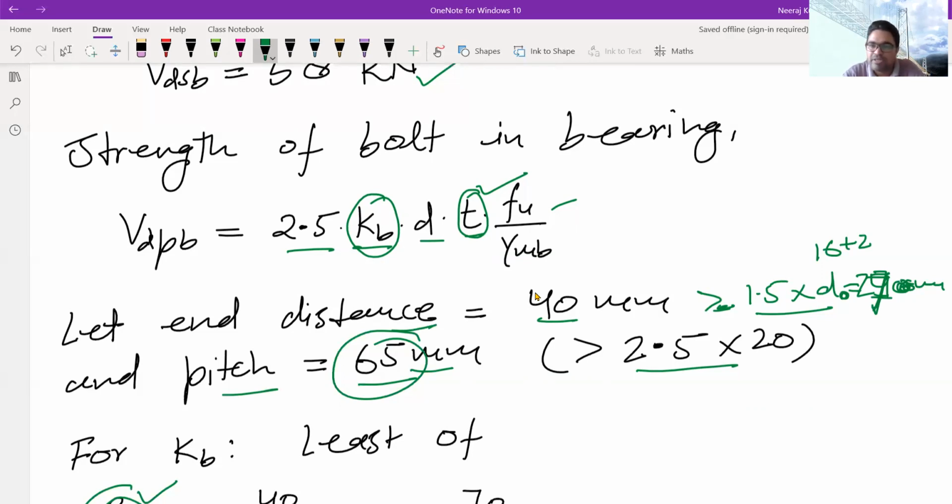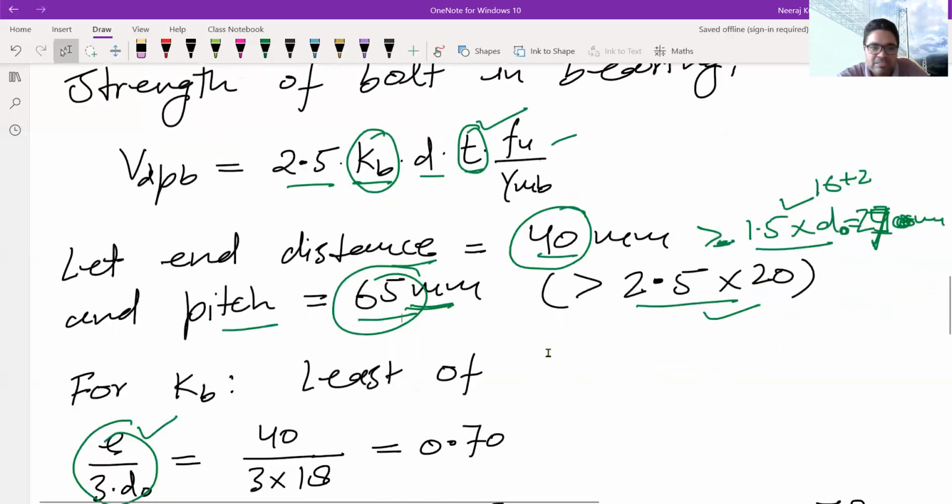We just need to take care of the limitation as per the IS code. The pitch should not be less than 2.5 times d. Similarly, the edge distance should not be less than 1.5 times d naught. Based on that, I have provided the values of 40 and 65.